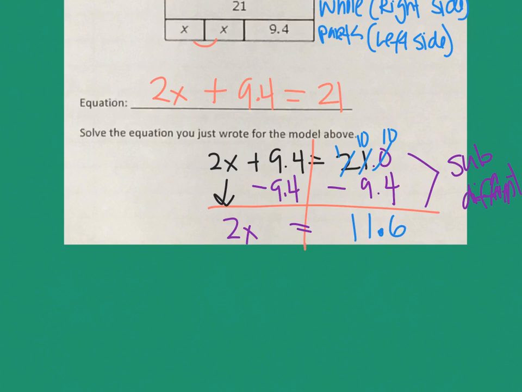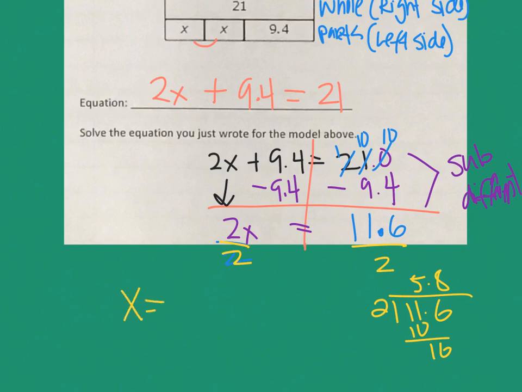So that one you might not know. So what we need to do is divide both sides by 2. Divide both sides by 2. So I'm going to make a division problem, 11.6. And it's going to divide in there 5.8 times. So I would say x equals 5.8.